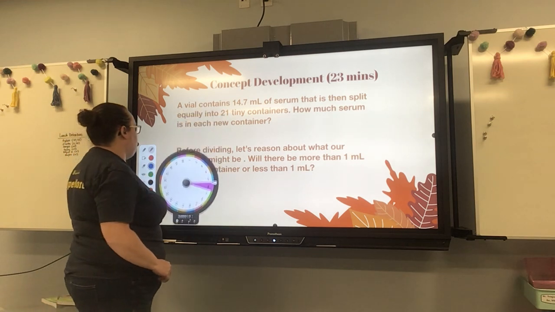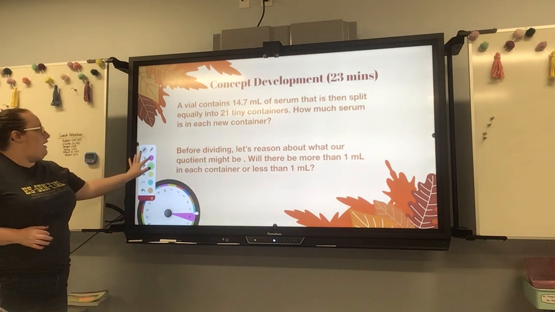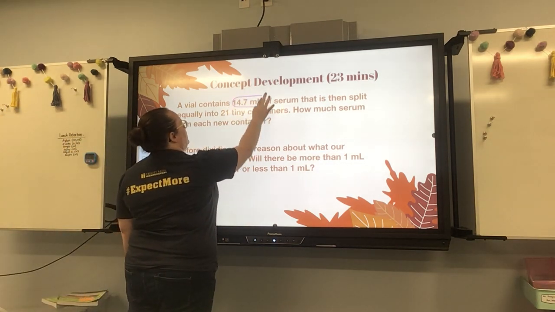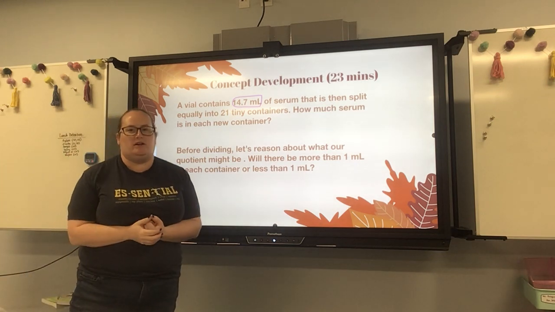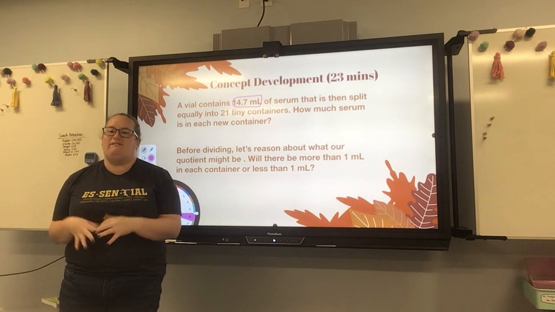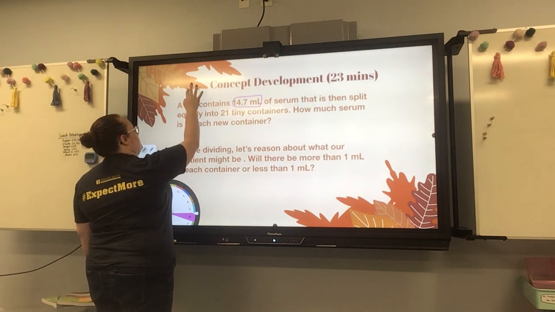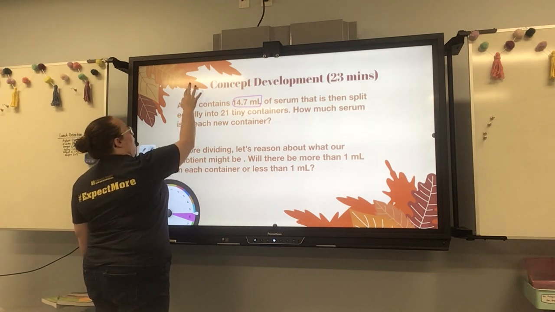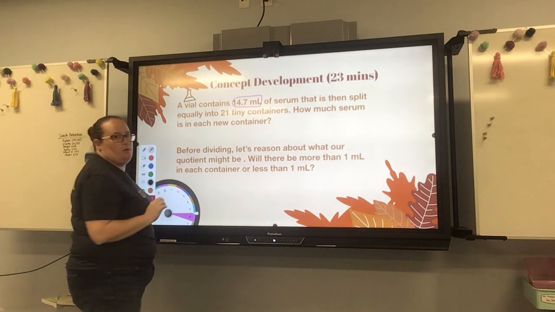The next one says, a vial contains 14.7 milliliters. Well, let's talk about that vocabulary word really quickly before we go on. Some of you might be stuck or not know what a vial means. A vial is just a fancy name for a glass container that you could put a liquid in.